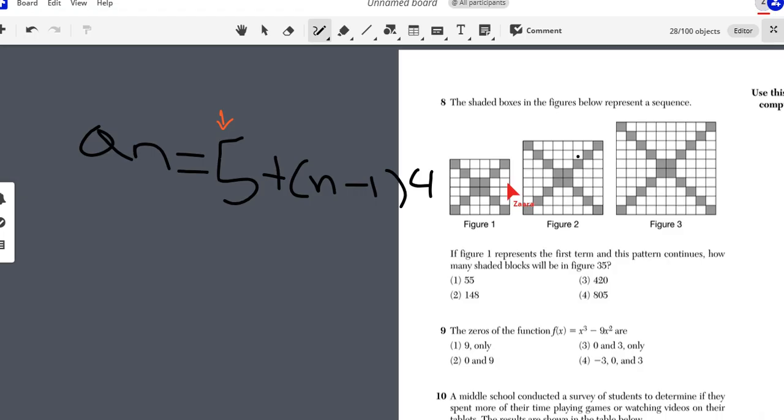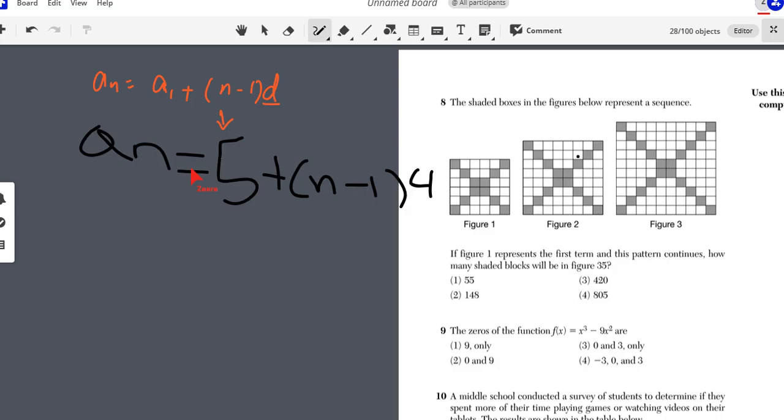The first term? A pattern. No, no. What is the general formula for arithmetic sequence? It is an equals a1 plus n minus 1 times d. What is d? D is the common difference and a1 is the first term.